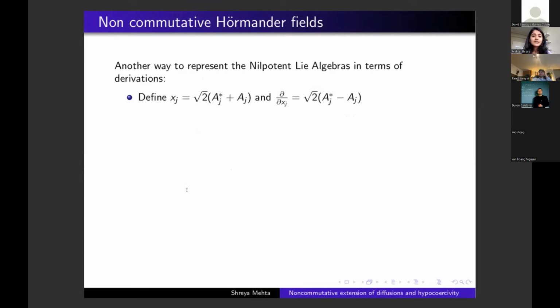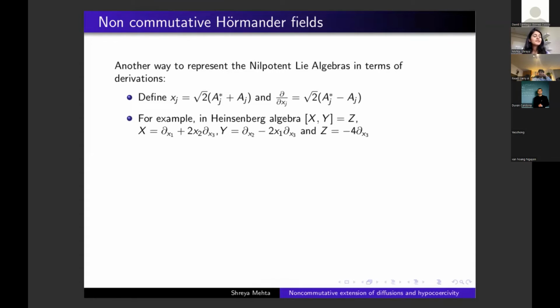Now, in this case, first, we found the derivations intuitively to find the representations of the nilpotent Lie algebra. Another way that we can get this representation is first by defining the coordinates in terms of a pair of CCR and the partial derivatives.